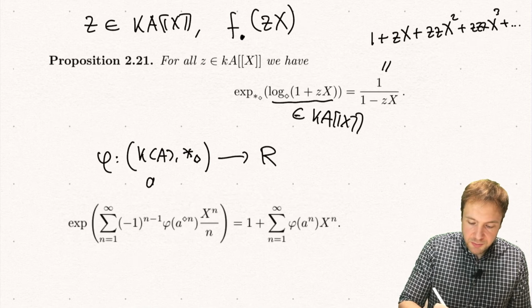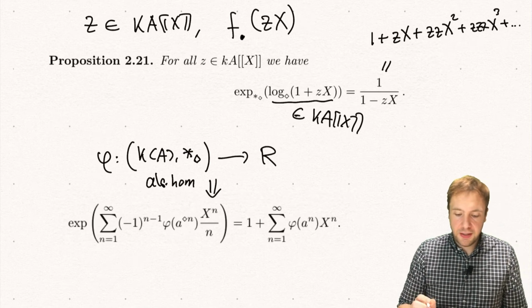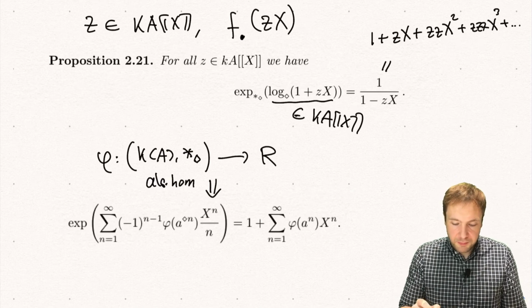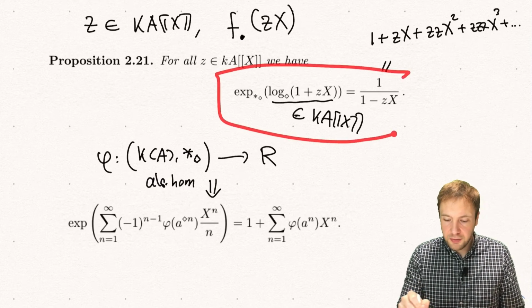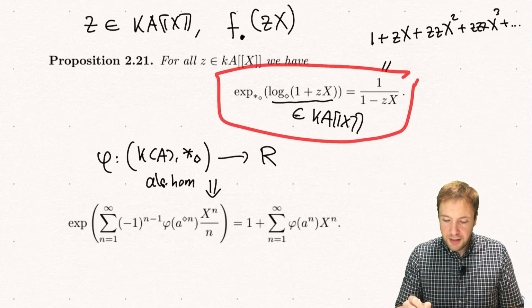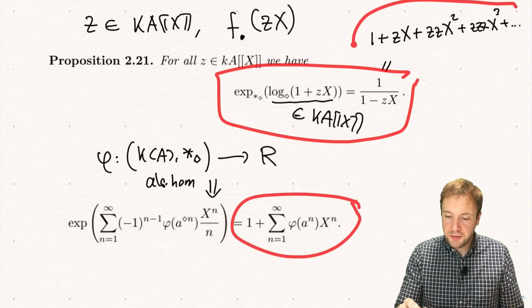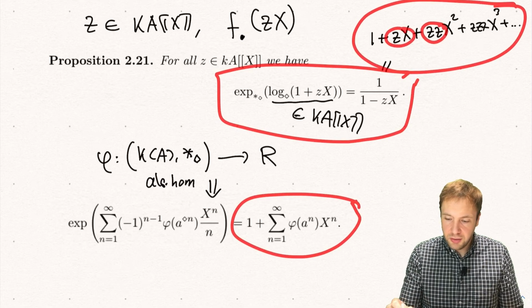So if this is an algebra homomorphism, then we get this statement here that I can apply this phi to this thing here. And here, the right-hand side, I just apply phi to each term.